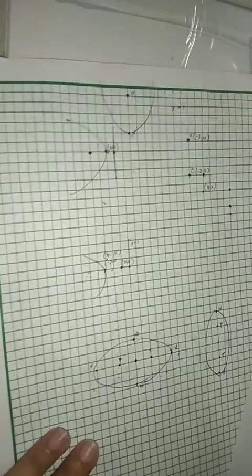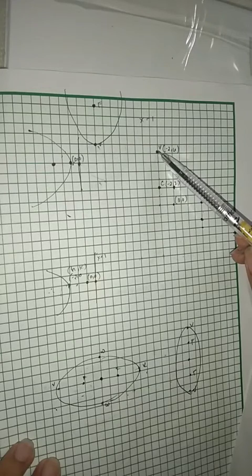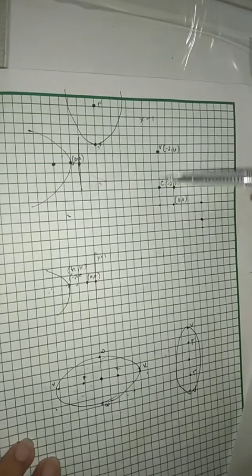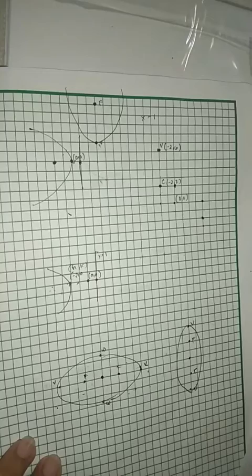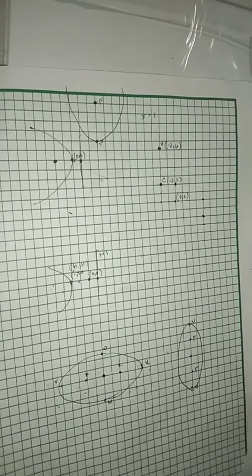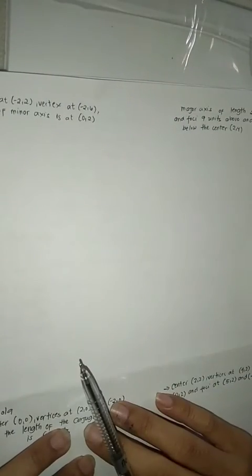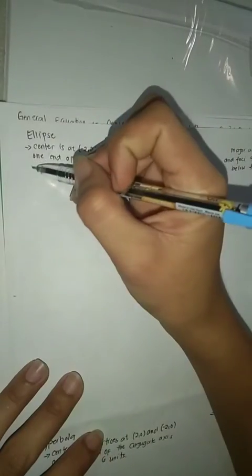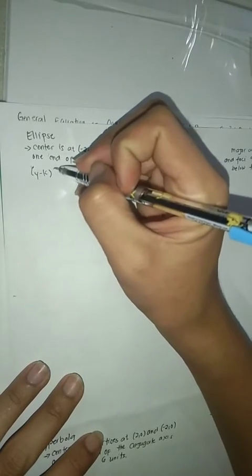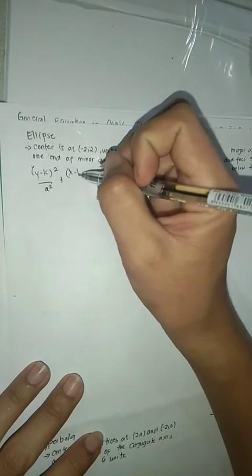Given that our center is here and the vertex is here, the vertex and the center are on the y-axis, so I know that the ellipse is vertical, and it takes the form y minus k squared over a squared plus x minus h squared over b squared is equal to 1.